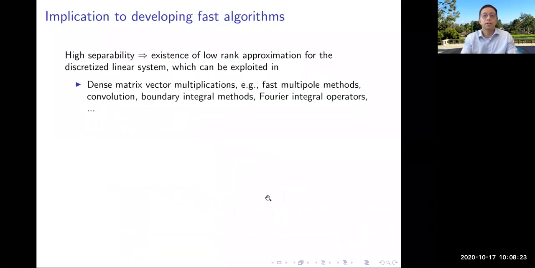So one direct use of high separability is in integral equations, which are convolutions with some kernel, many times a Green's function, many times other types of kernels. If you have a low rank approximation, then the matrix may be dense. We're so familiar with sparse matrices, but there is another class of matrices for which we can do fast algorithms or reduce the computation cost: dense but with low rank approximation.